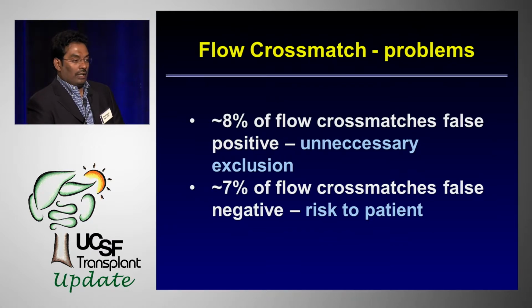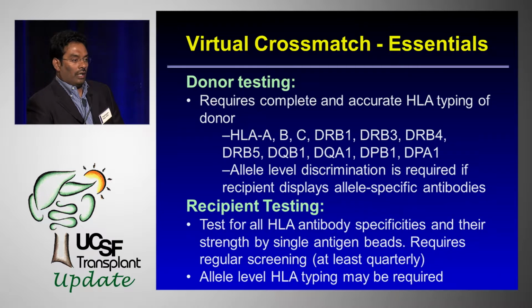That's where the virtual cross-match comes into play. There are two things that need to be done for the virtual cross-match. First, you need to know the antigens expressed on the donor side: you define everything clearly for all 12 different HLA genes, and sometimes you may need to define at the allelic level.